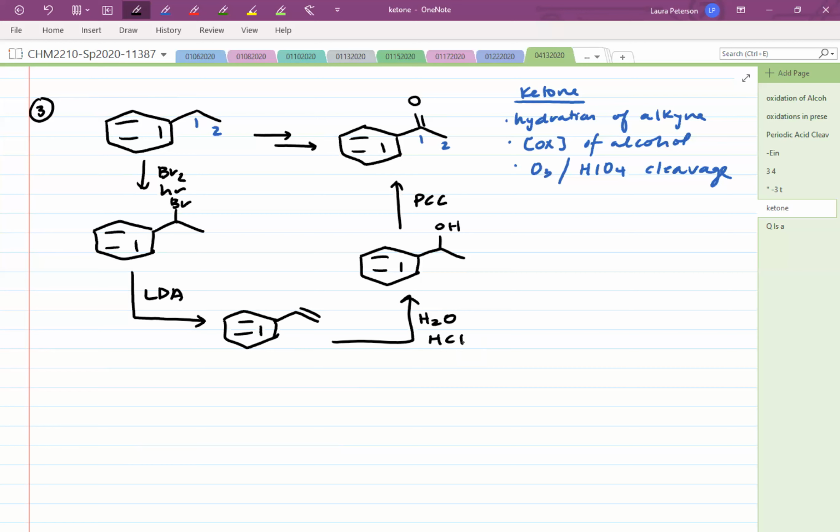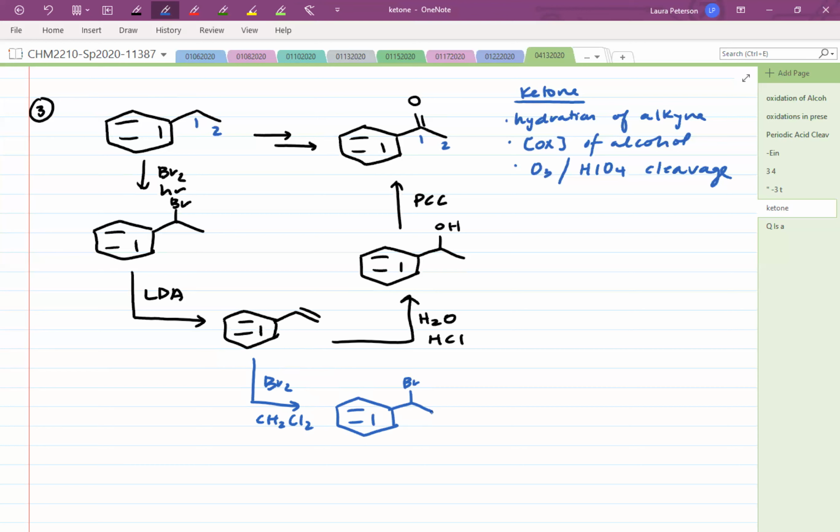So what would be the other way? The other way is going to come from one of the same intermediates. We're going to take this alkene and do an alkene to alkyne synthesis and then do the alkyne hydration. I'm going to do this in a different color. If I was going to do alkene to alkyne synthesis, remember I'm going to do Br2 and dichloromethane to end up at the dihalide.